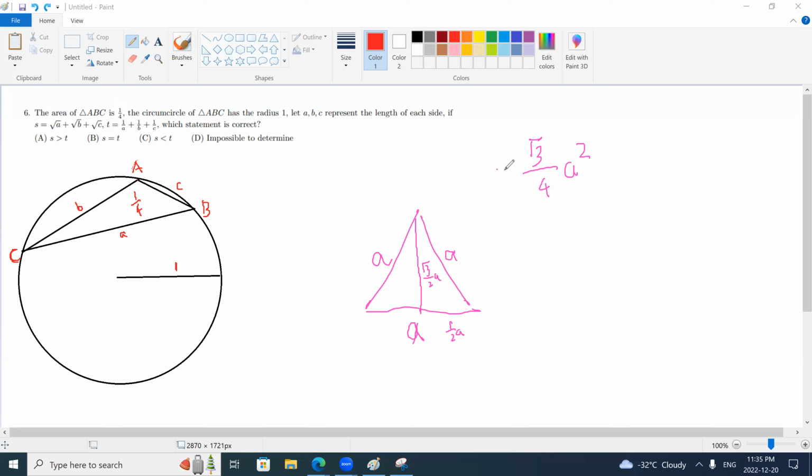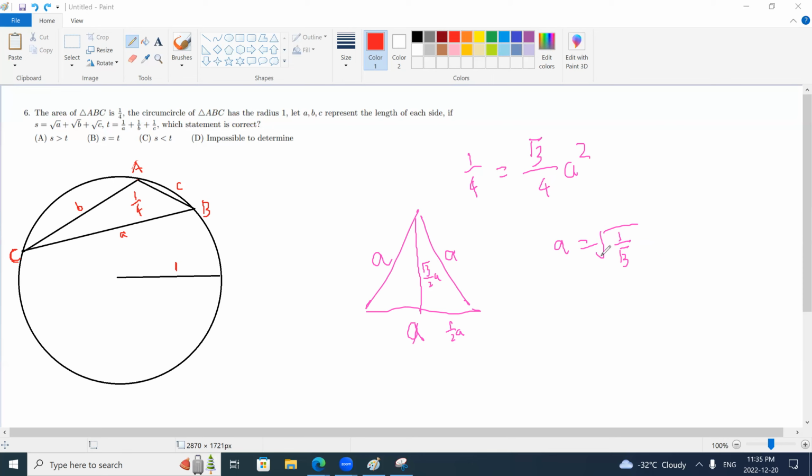So if you think A is equal to B is equal to C, then you're saying that 1/4 is equal to this thing, right? Then A would be the square root of 1 over the square root of 3. But that's not going to happen.